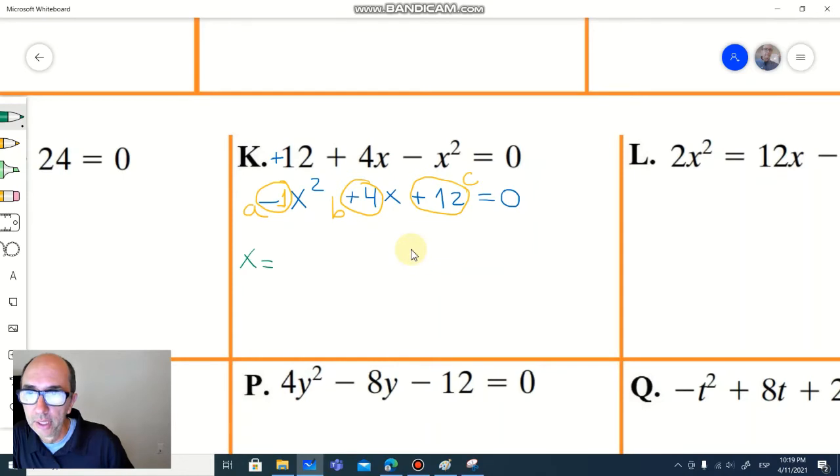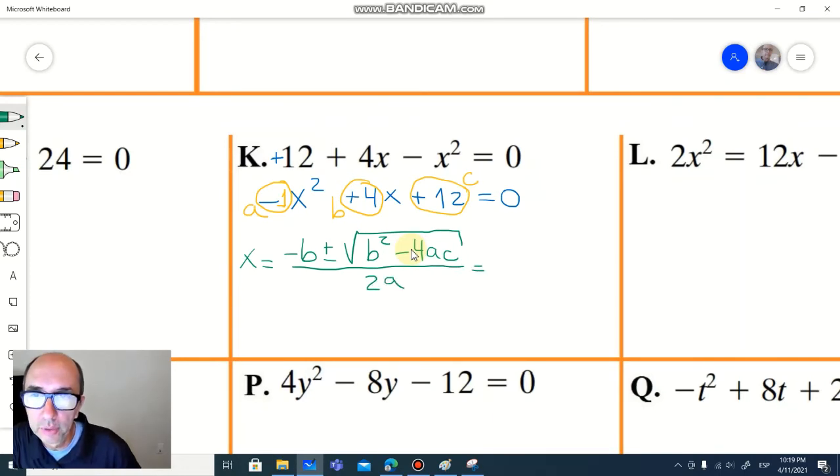x equals negative b plus or minus the square root of b squared minus 4ac over 2a. And this equals, plug in the numbers.